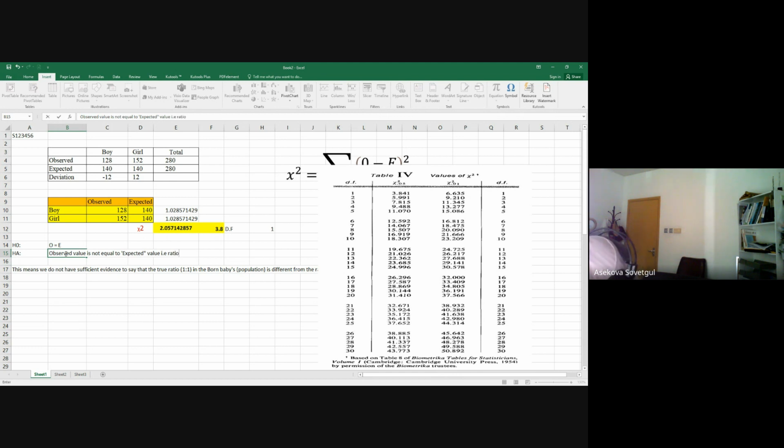Okay, so this is our alternative hypothesis. So in this case, we have to accept the null hypothesis. Why? Because our obtained value of chi-square is less than the chi-square critical value.